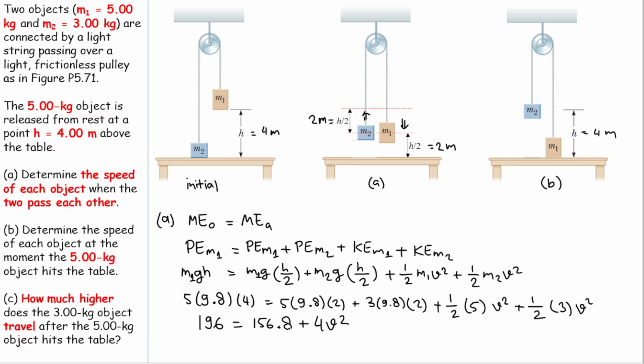Good. And I think I can just rearrange this for v, right? So v will be the square root of 196 minus 156.8, divided by 4. And I think we will have the value here.